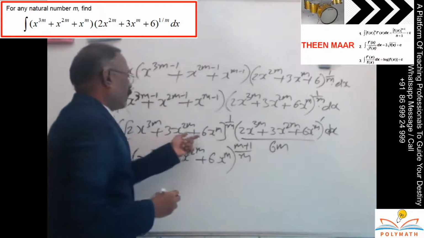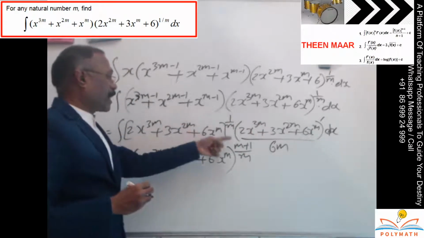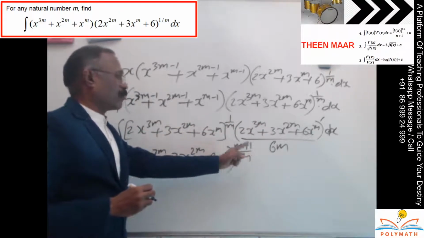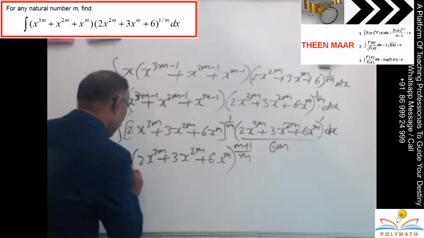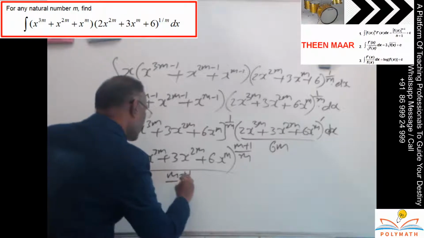That is [f(x)]^n into f'(x) dx, which gives [f(x)]^(n+1) divided by (n+1), that is, (1/m + 1) = (m+1)/m.